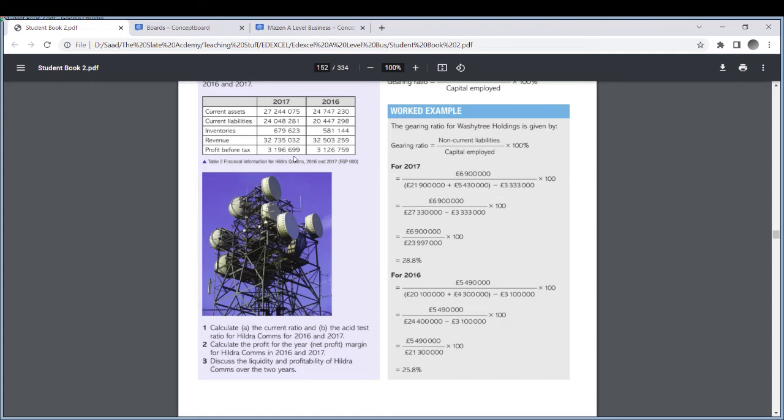It would be net of 30%. But right now, just ignore that. Simply calculate using this profit before tax as net profit.